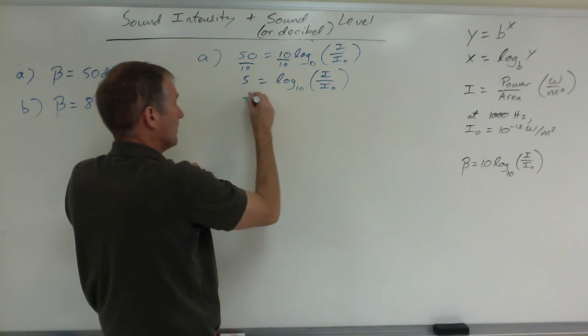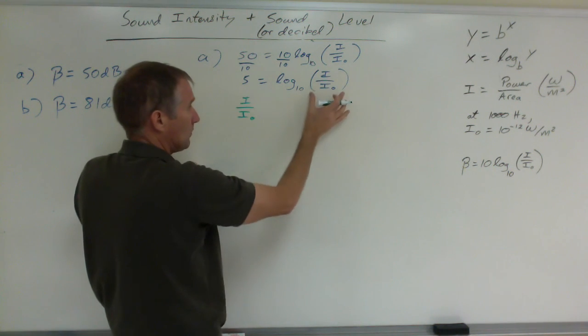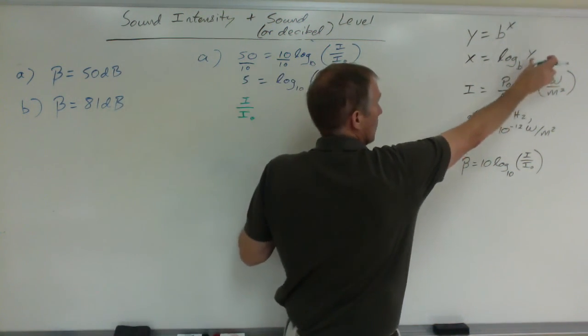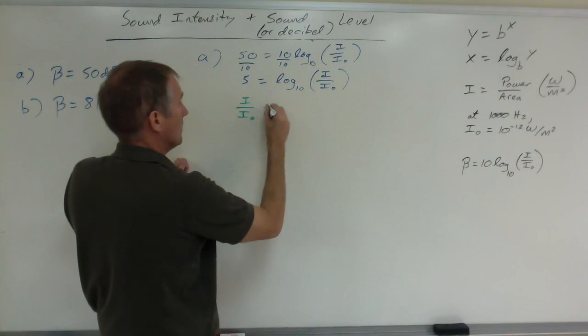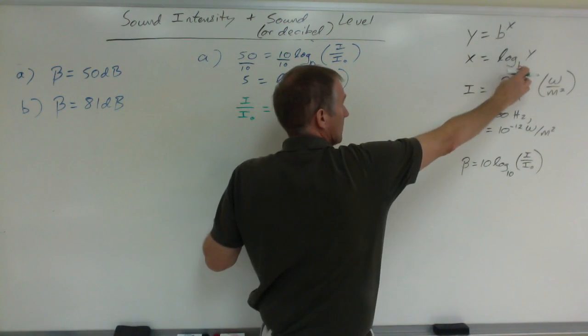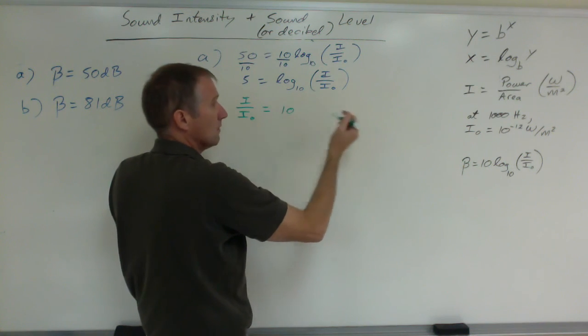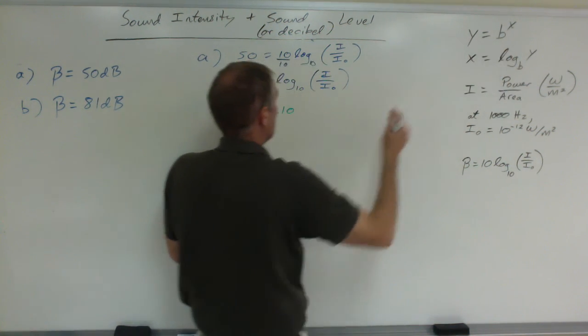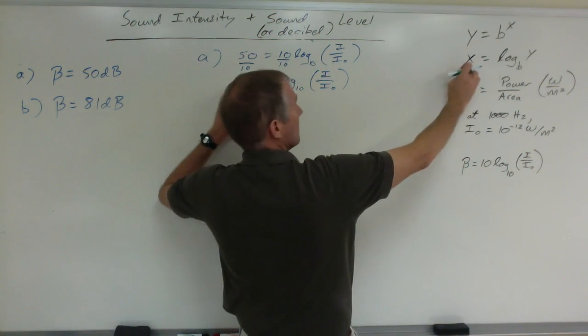So I over I sub 0, that's the stuff that was in parentheses here, represents y. So I'm going to put it right there. Well, what's my base? My base is 10. That's b. And then what's my x value? X is 5.